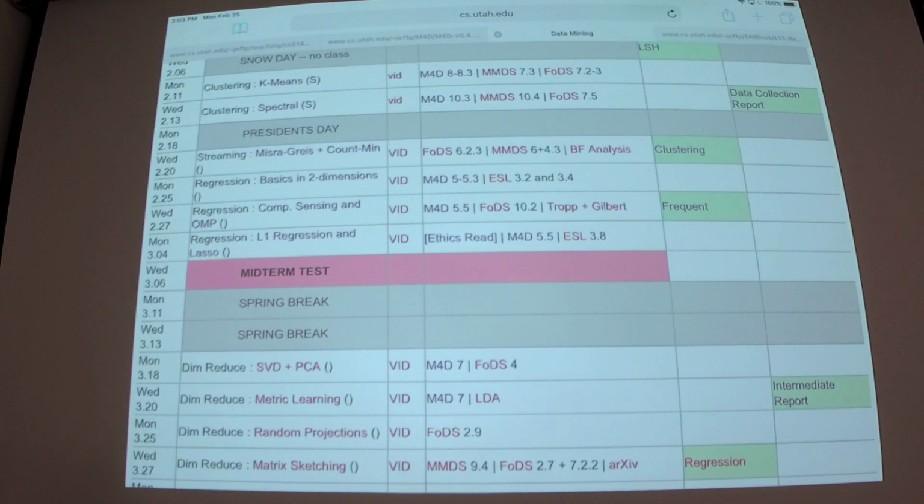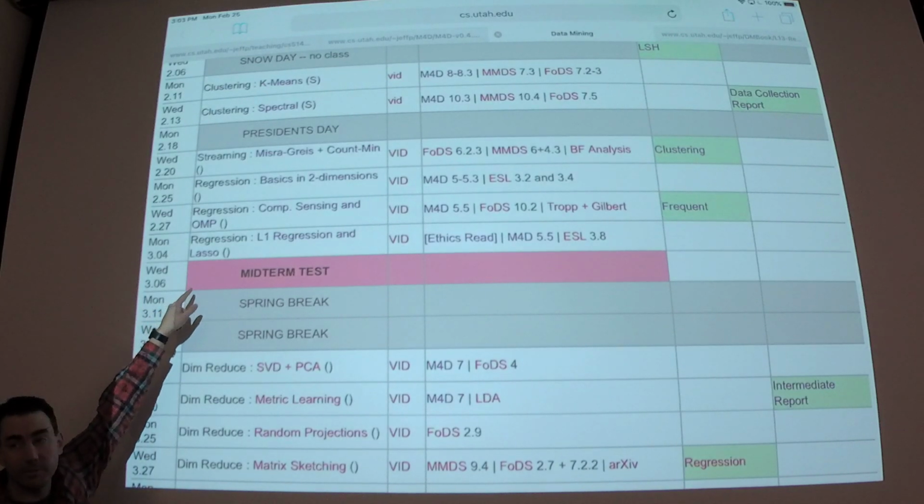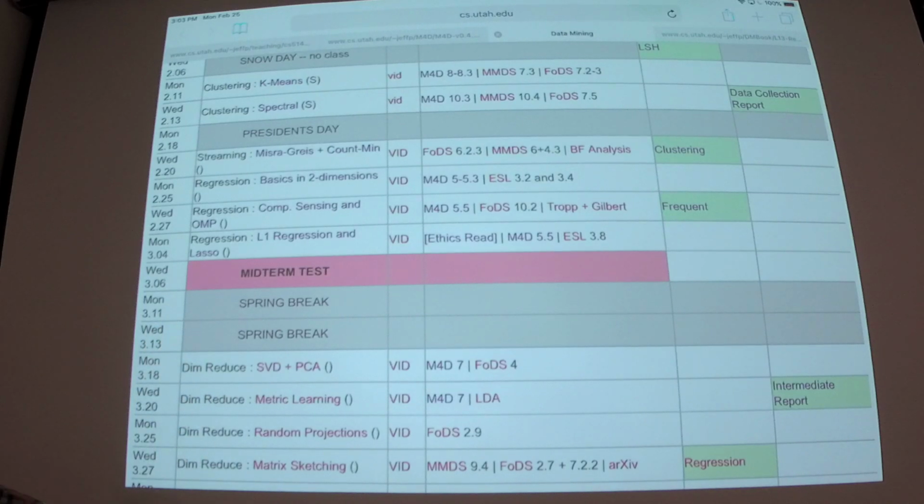What's big coming up is the midterm test, going to be a week from Wednesday. Let me say a couple things about this now, so you can start preparing and think of what kind of questions you're going to ask me about it. You can do that in later lectures too.